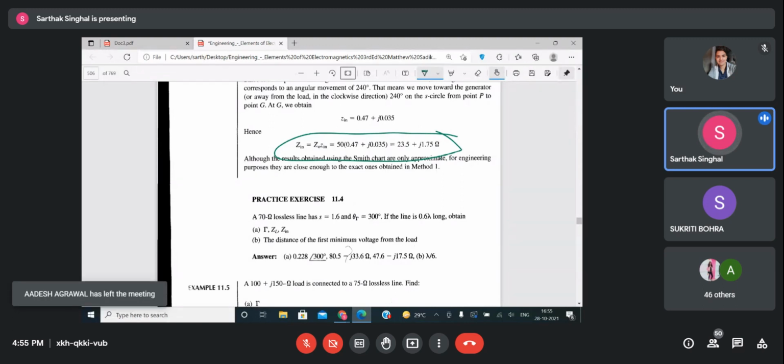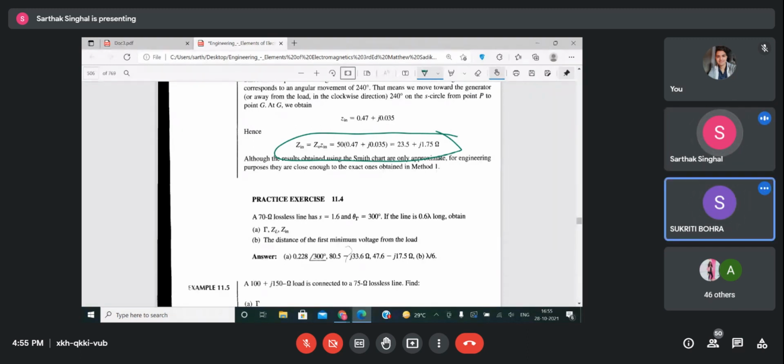But for impedance matching, or system matching, the mathematical steps which we followed earlier will take a long time. By using the Smith chart, it is very easy to calculate all those values.